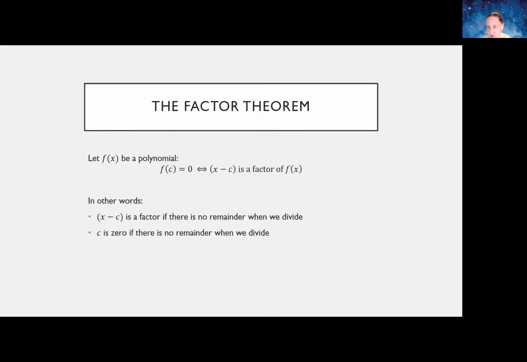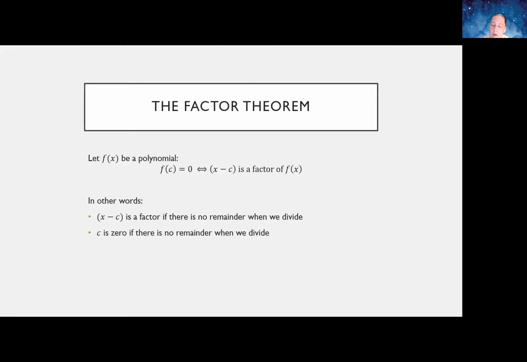The factor theorem here is sort of a corollary of the remainder theorem. If your remainder is 0, that means it divides evenly, and thus it must be a factor. So it's just taking that remainder theorem a step further.